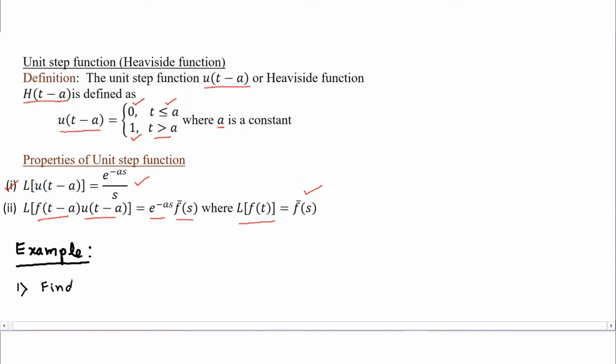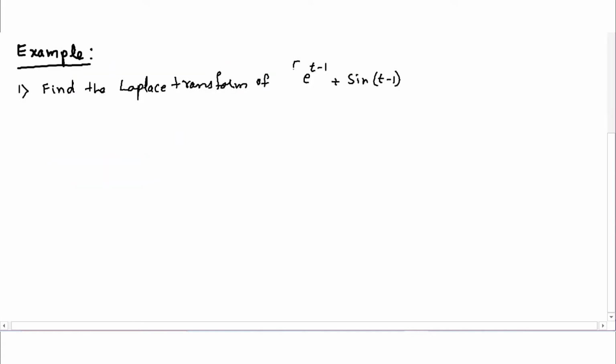Find the Laplace transform of the function e power of t minus 1 plus sine of t minus 1, times u of t minus 1. That's the question you have.